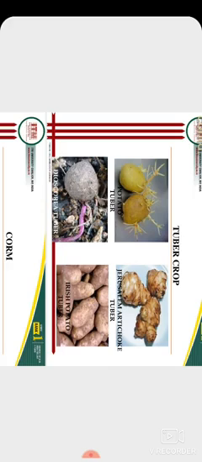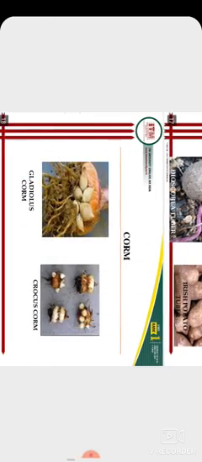Tuber crops: tomato tuber, Jerusalem artichoke tuber, Irish potato tuber, Dioscorea tuber. So these are some examples of tuber crops.